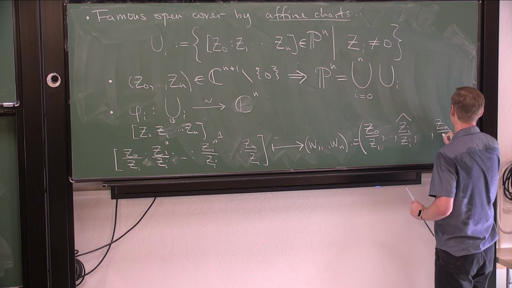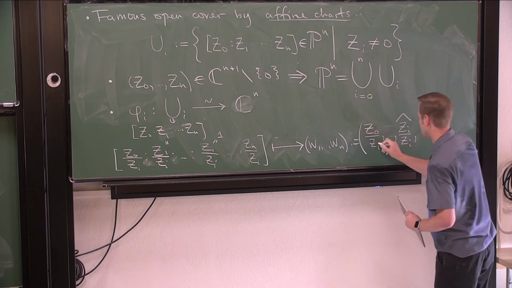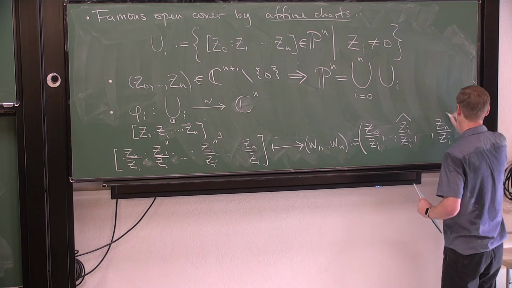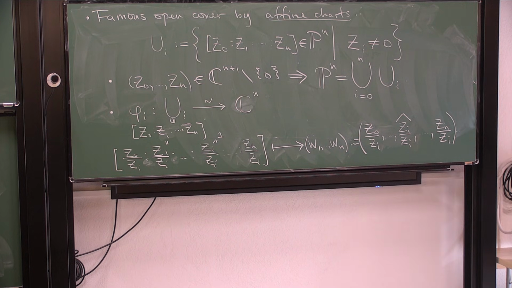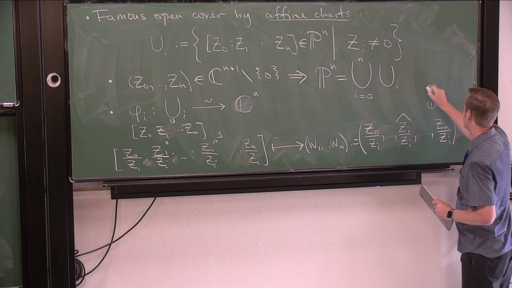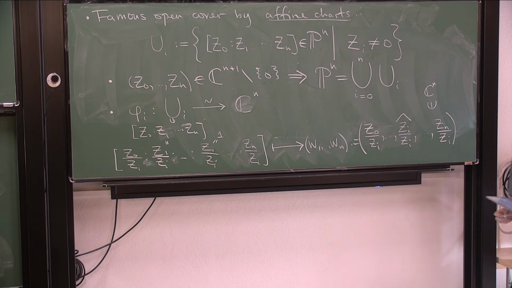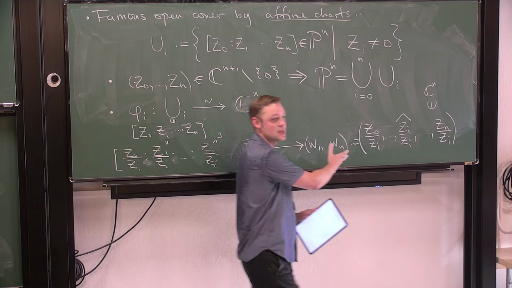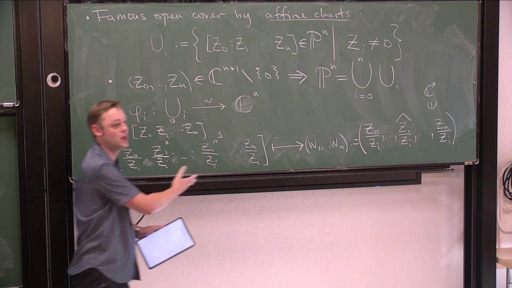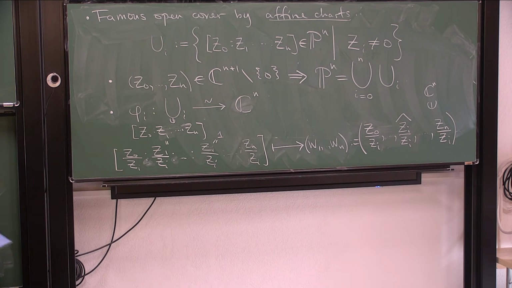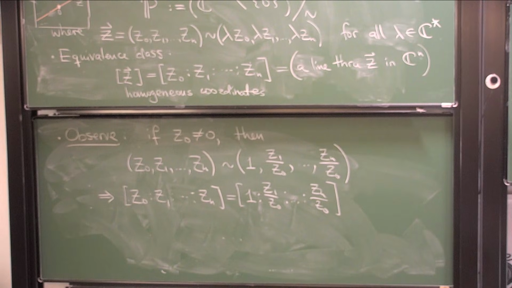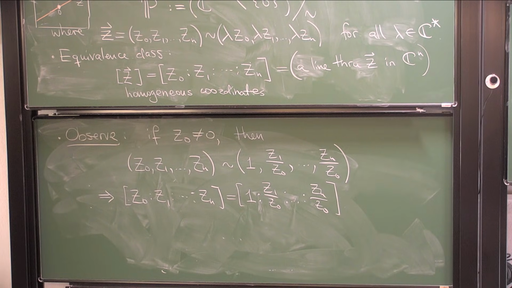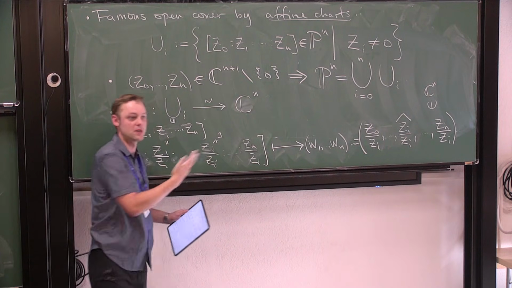Down to Z_n over Z_i. And so this is a point in C^n. As an exercise, you can check that this is indeed a bijection, and it's a continuous, open bijection. So it's a homeomorphism, in other words.